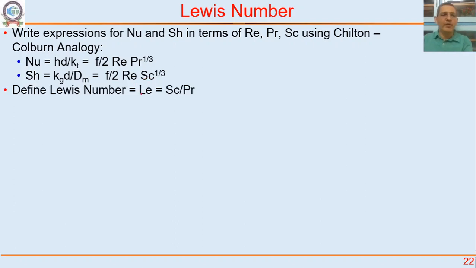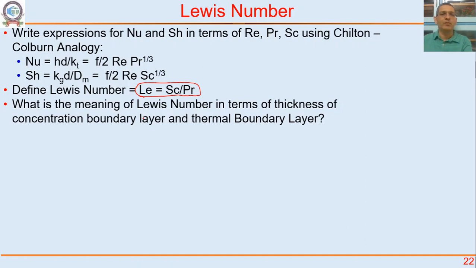Okay? We define Lewis number as another dimensionless number as Schmidt number divided by Prandtl number. It will be clear to you in a minute. Okay? Think about what is the meaning of Lewis number in terms of the thickness of the concentration boundary layer versus thermal boundary layer. Remember, Schmidt number is a ratio of boundary layer thicknesses. Prandtl number is a ratio of boundary layer thicknesses of what? Try to recall. Okay. Then think about what is the meaning of Lewis number.